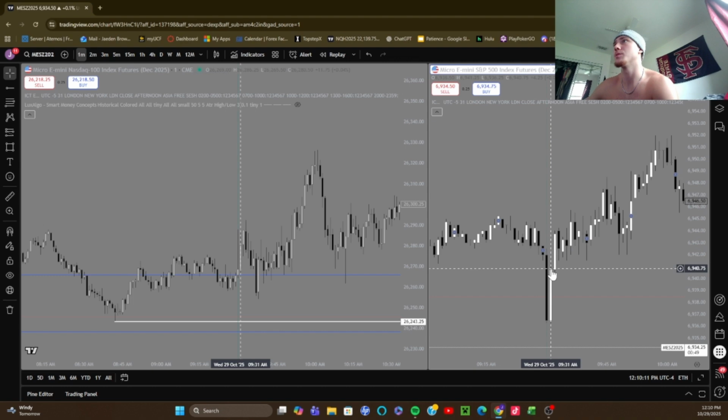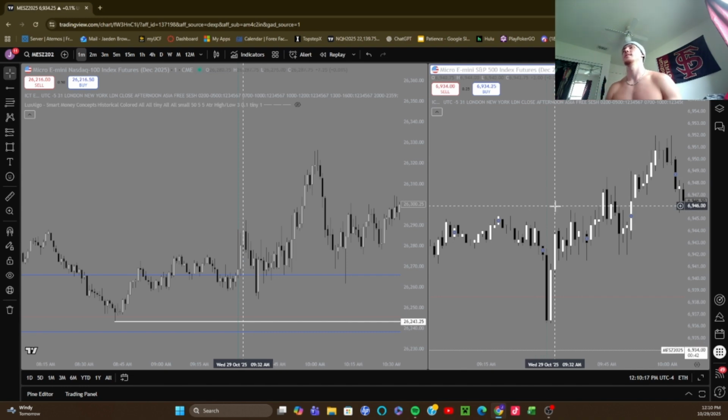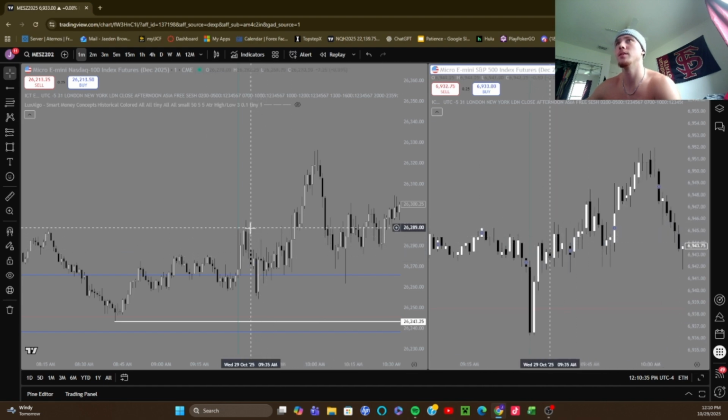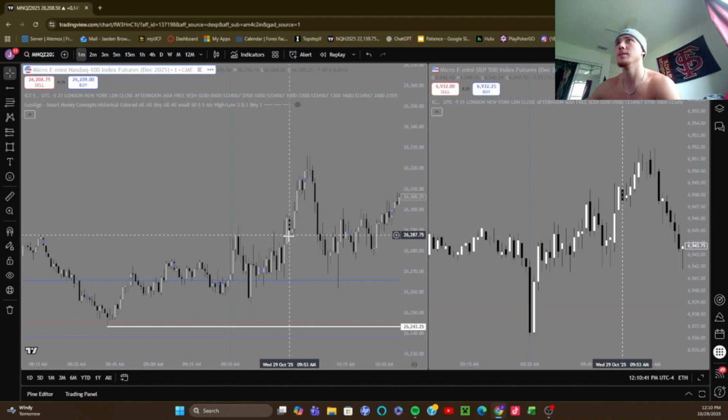Then we finally got above this series of down close candles, right here, which is right before Nasdaq takes out those lows. Nasdaq takes out lows, then we start running higher. Both of them get above these down close candles right here at this candle.